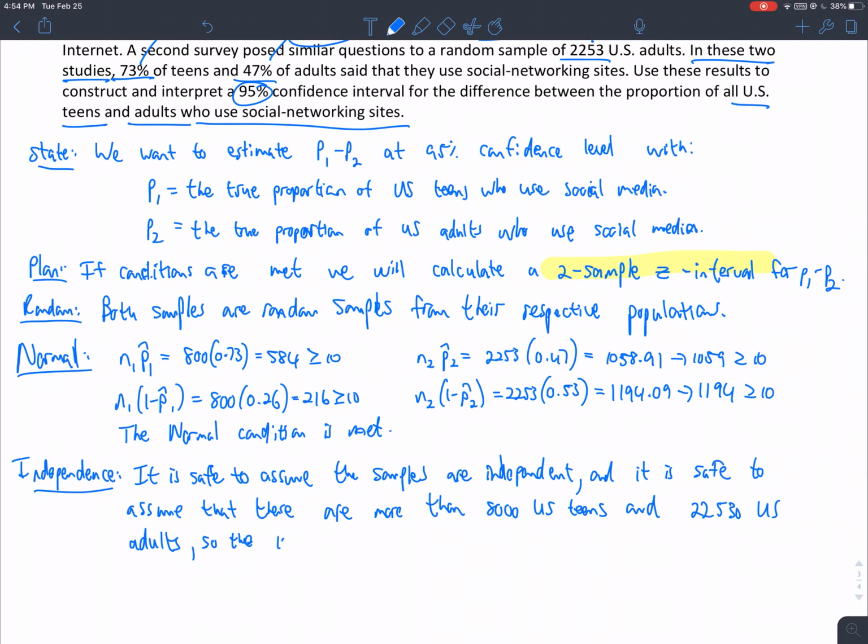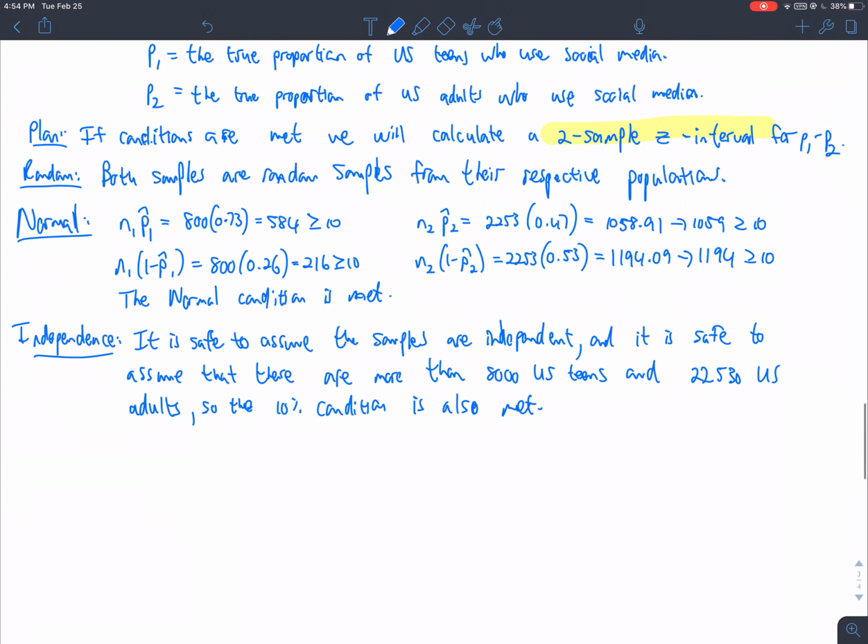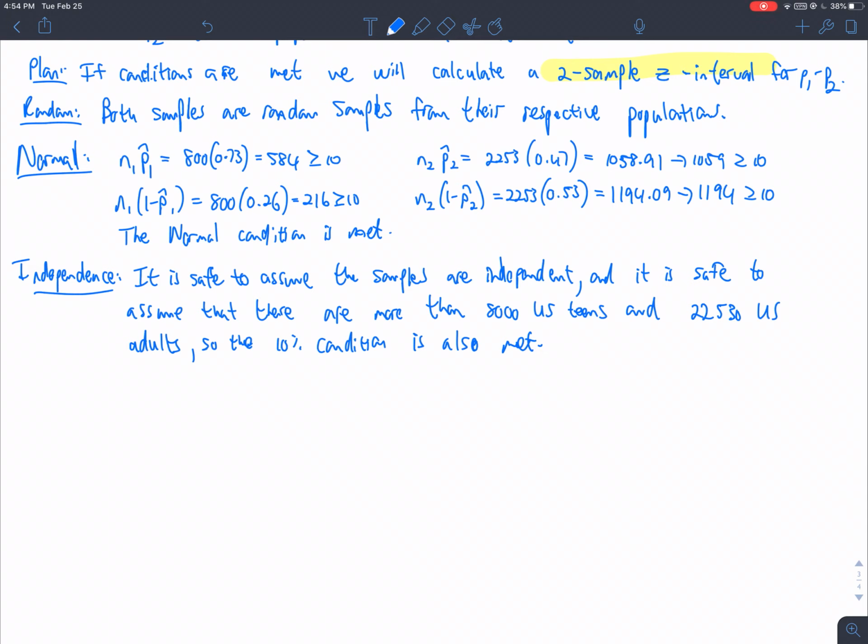So the 10% condition is also met. Okay, so we did between samples, and then within the samples, individuals should be independent because we sampled less than 10%.